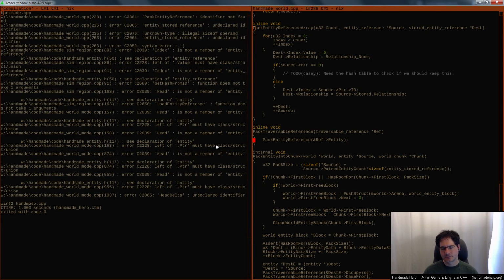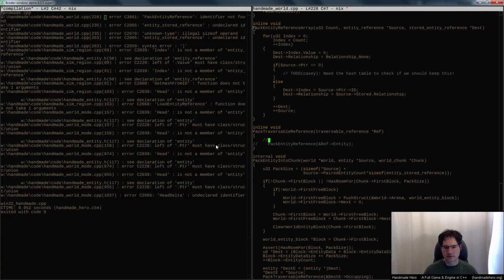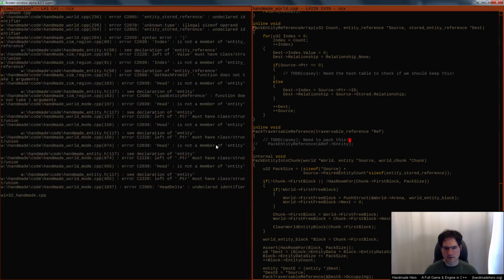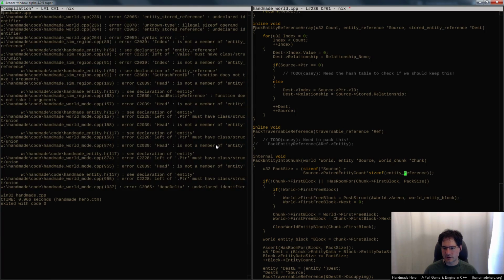Well, I guess I'll do the minimum to leave it in a compiling state, and then we'll move on. Let's just say that. This is actually stored entity reference.